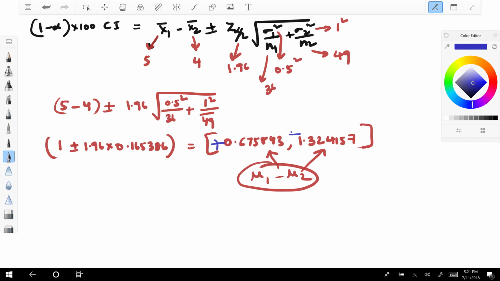So when can this expression become positive? It can only become positive when mu1 is greater than mu2. Then both our lower limit and upper limit will be positive.